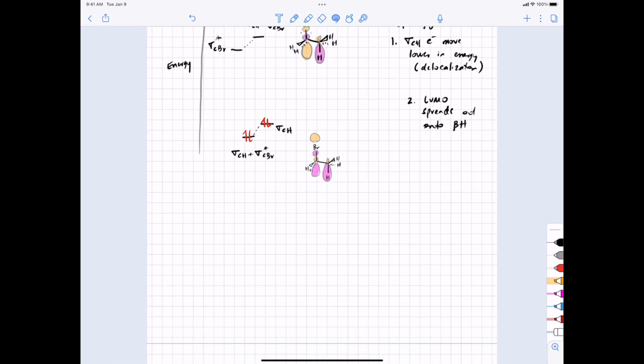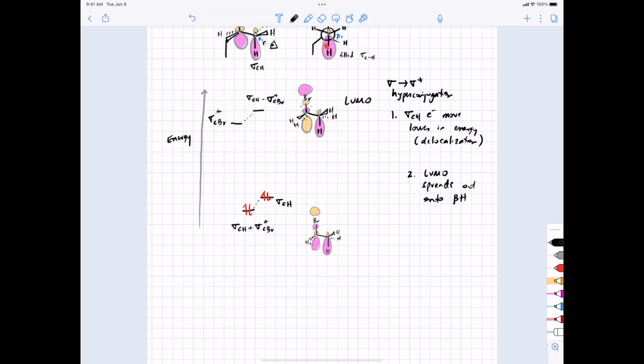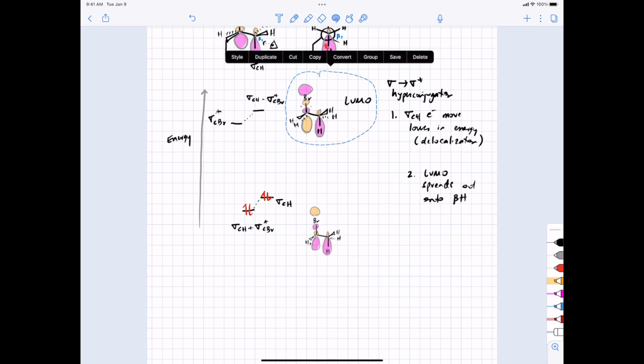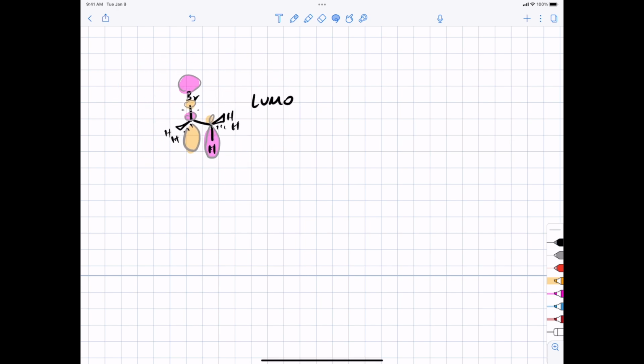So because we've said that the LUMO is now both the sigma star and an adjacent carbon-hydrogen bond, then a reactive molecule, which we'll just call a nucleophile or a base, can choose to attack in a couple of locations.